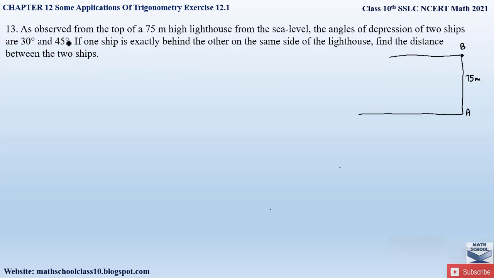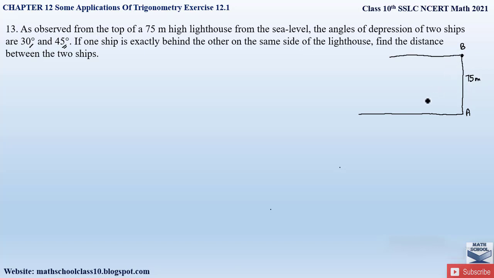So always remember, we are going to take a higher degree angle first towards the tower or building. Then we have to take the lower angle. So here first we are going to take a 45 degree angle because this value of 45 degree is higher than 30 degree.